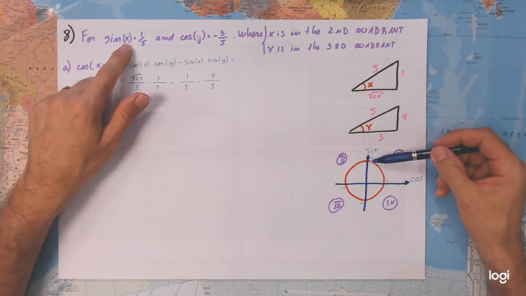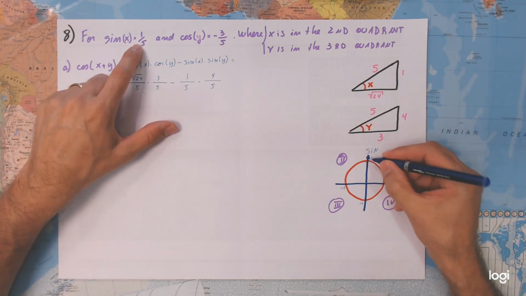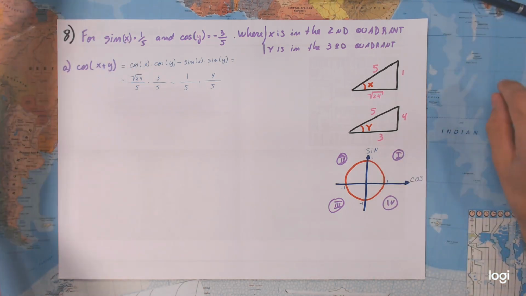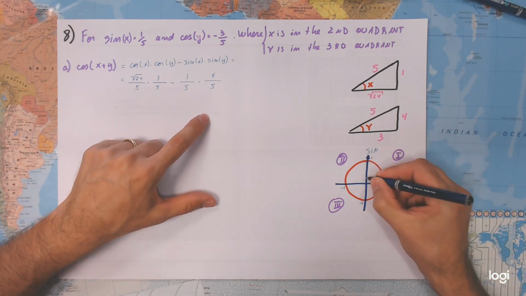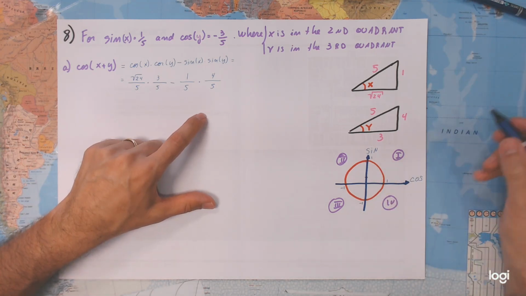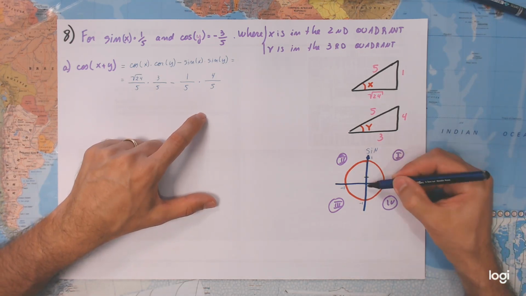If this is 1, maybe 1/5 should be something like this, okay? This should be 1/5. The sine, okay, sine 1/5.